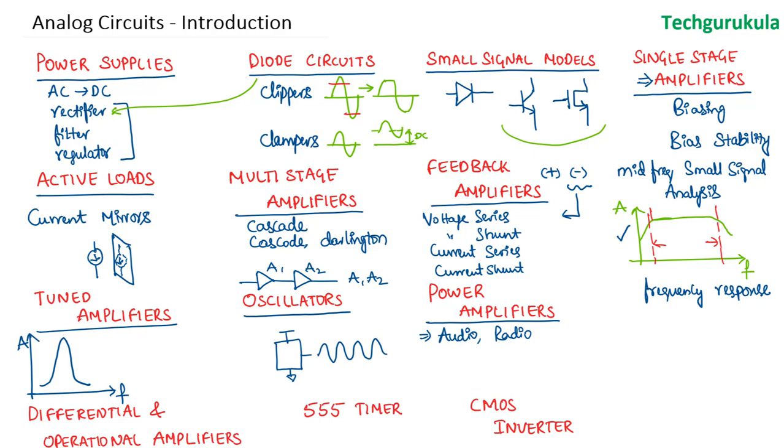So there we consider that the circuit should be delivering most of the power. It should be very efficient in terms of delivering power so that we get the maximum output through the speaker. And coming to power amplifiers, we would talk about class A, class B, AB, C, D, and so on. Various kinds of power amplifiers.